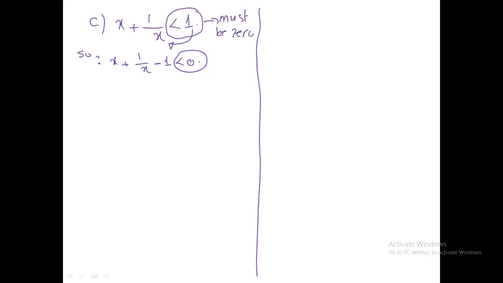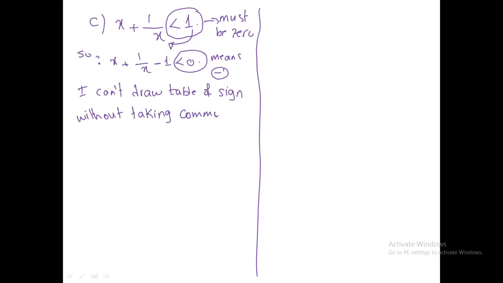Less than 0 means negative sign, but I can't draw a table of sign without taking a common denominator.